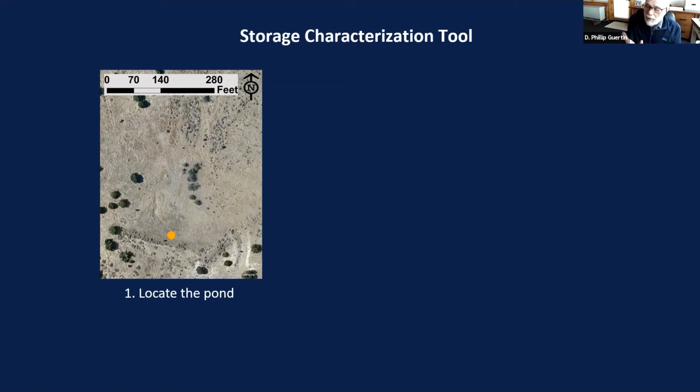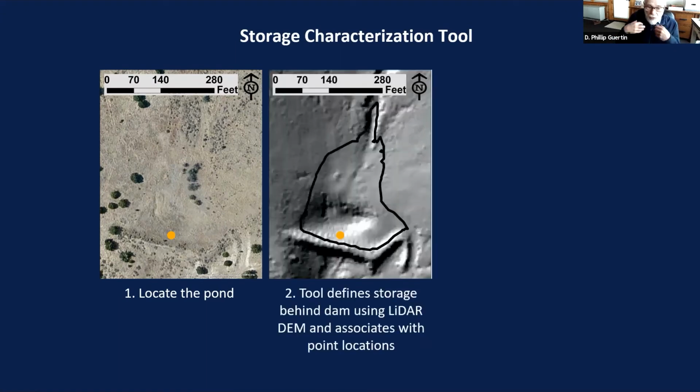These are sets of cells that do not drain out. They're like a dry pond where nothing flows out of it. And with the LiDAR, we're able to identify the area behind the dam.